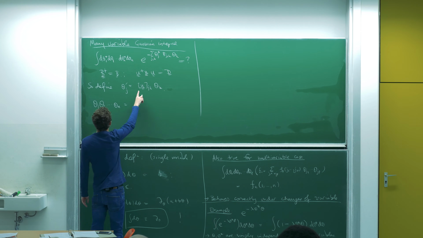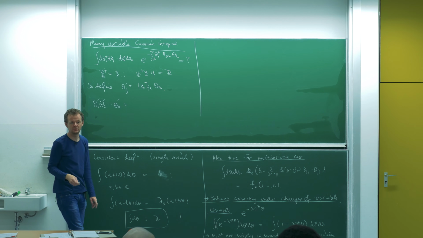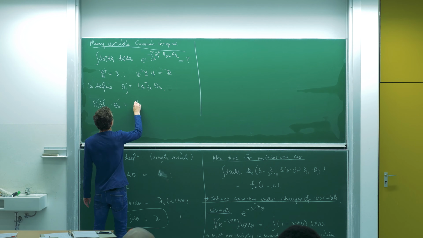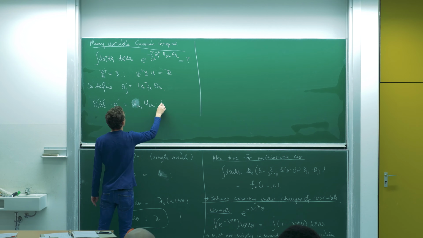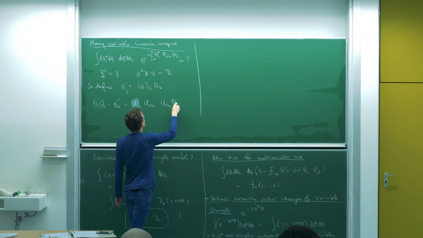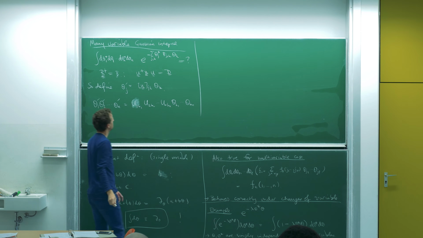Okay, so what do we get? Well, I'll do the primes on the left-hand side and the thetas on the right-hand side. So this equals, you know what I mean when I just write U_{1k1}, U_{2k2}, U_{nkn}, and then we've got theta k1 all the way up to theta kn.